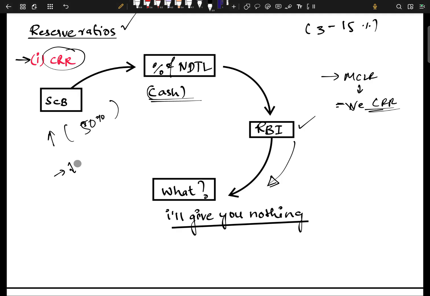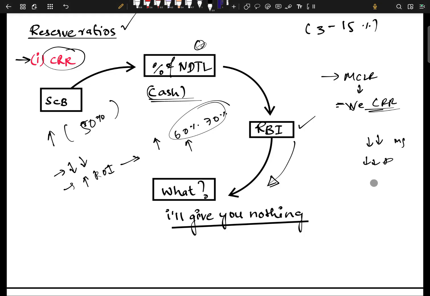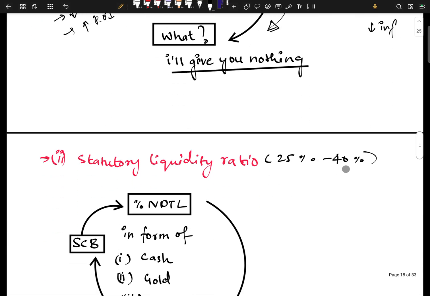Banks have less and less money, and because they have to cover the NDTL, they increase the rate of interest, and even the little loans they give are at high interest rates, let's say 60% or 70%. Who is going to take loans at this rate? No one is going to take loans at this rate. So less money supply in the market, less demand in the market. That means less inflation in the market.